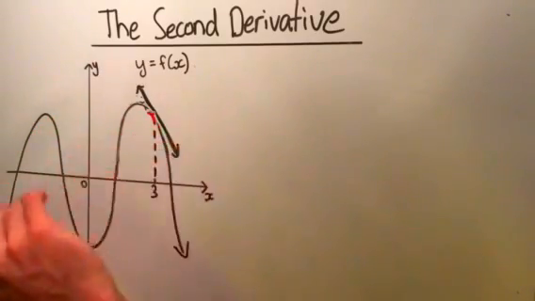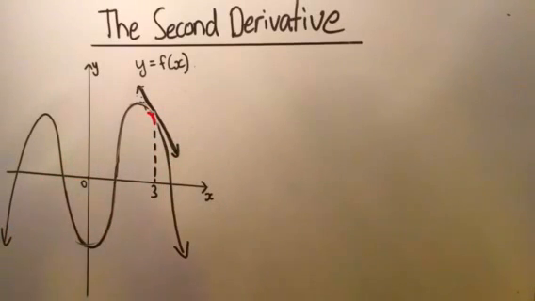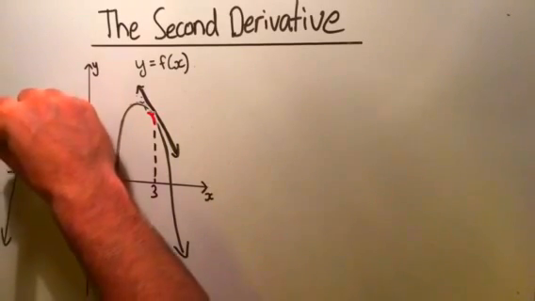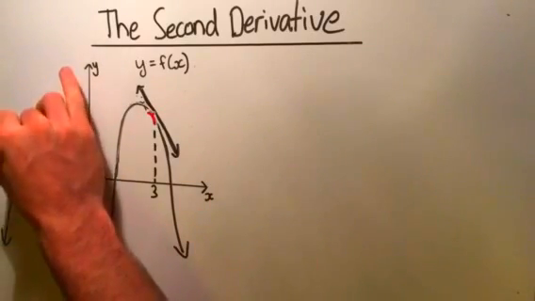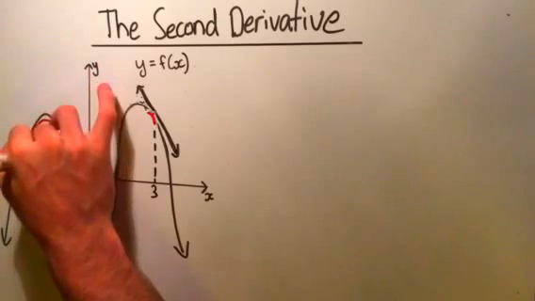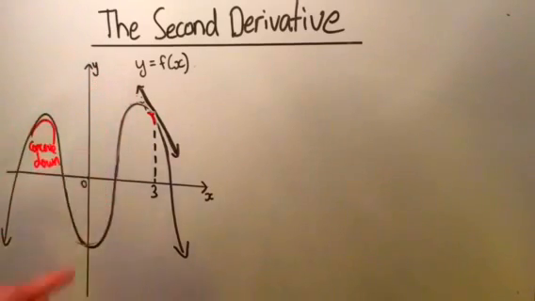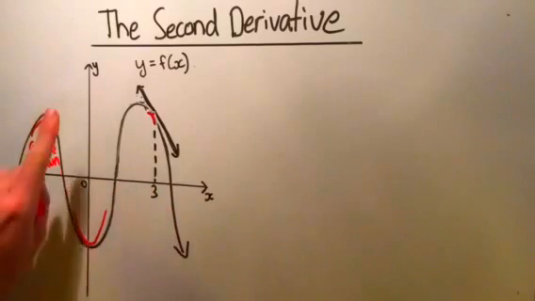You can see here that this curve has 3 different parts in terms of its concavity. And remember, concavity is talking about how the curve bends and what way it bends. Over here, we can see that it's bending down. This part here is concave down. This part here is bending up.